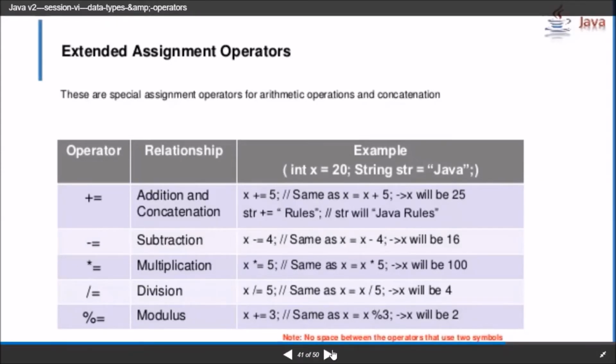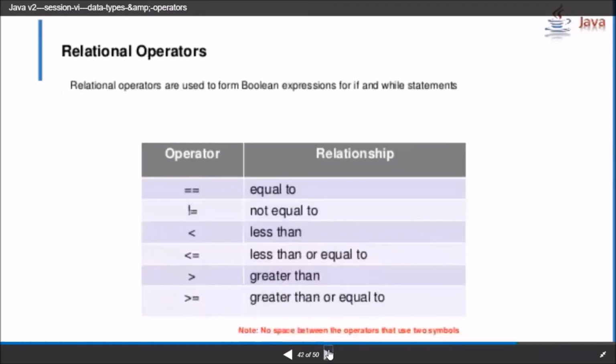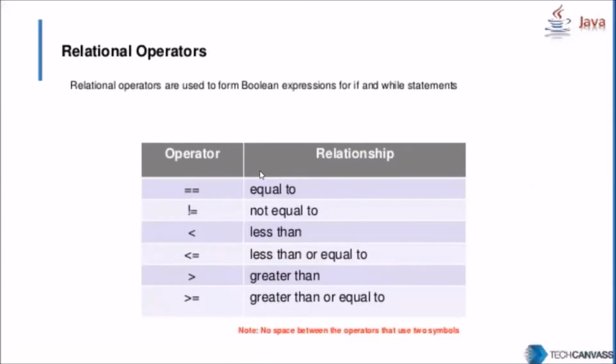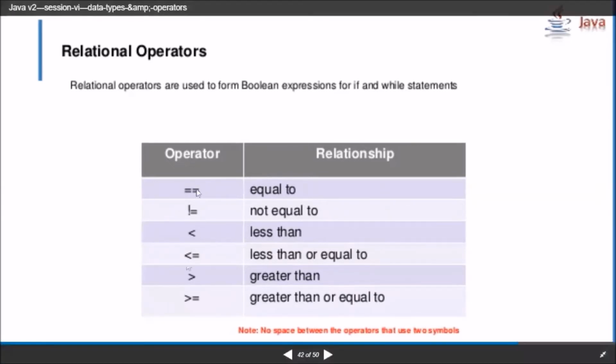Let's move ahead. Now, these are comparison or relational operators. Okay. Now, in Java, to compare two values or to check the relationship between two variables, we use these operators. Double equal to evaluates whether the left hand side is equal to right hand side or not.